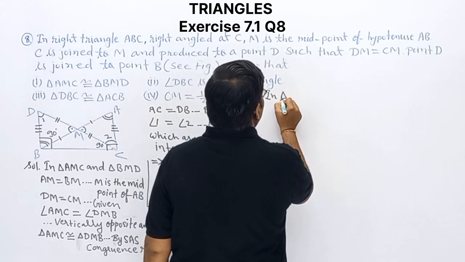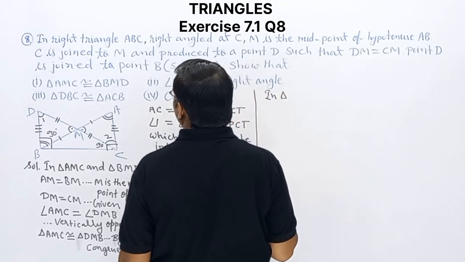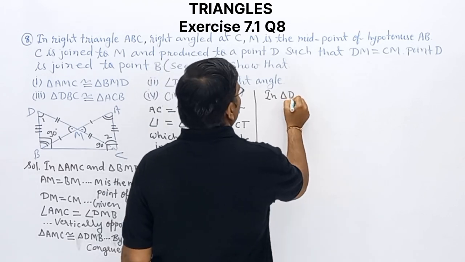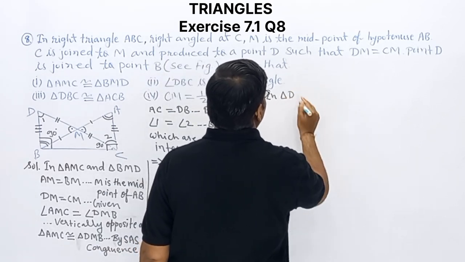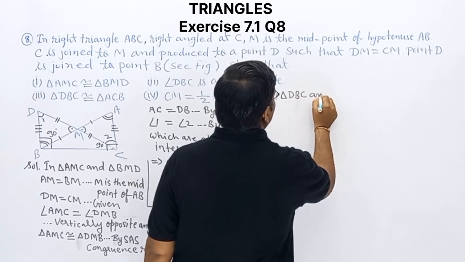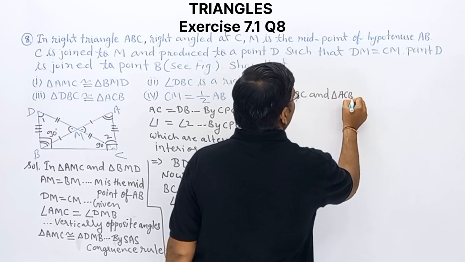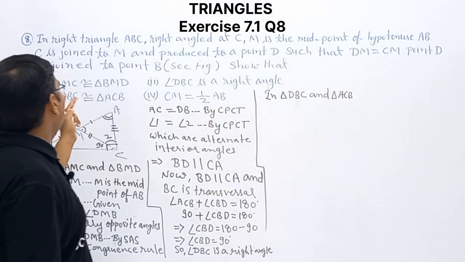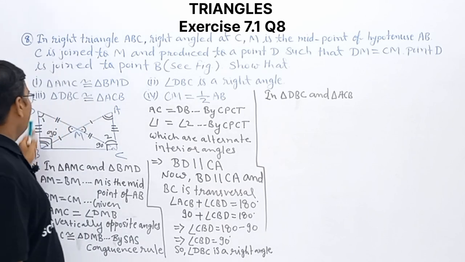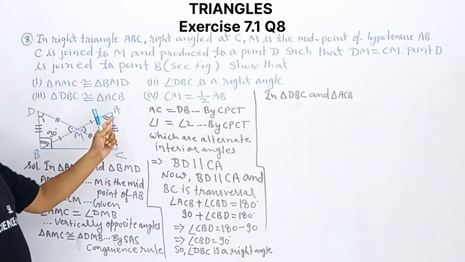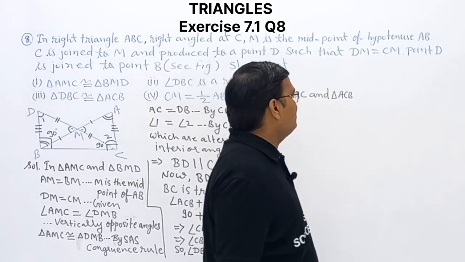In triangle DBC and triangle ACB, clear? In these two we want to prove congruence, whether both triangles are congruent or not.